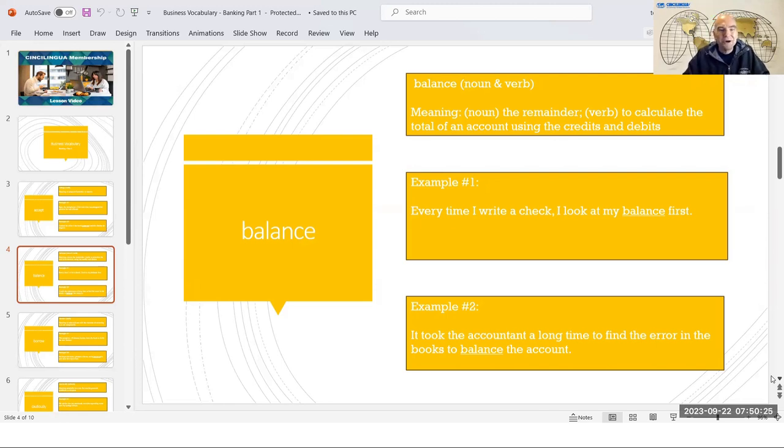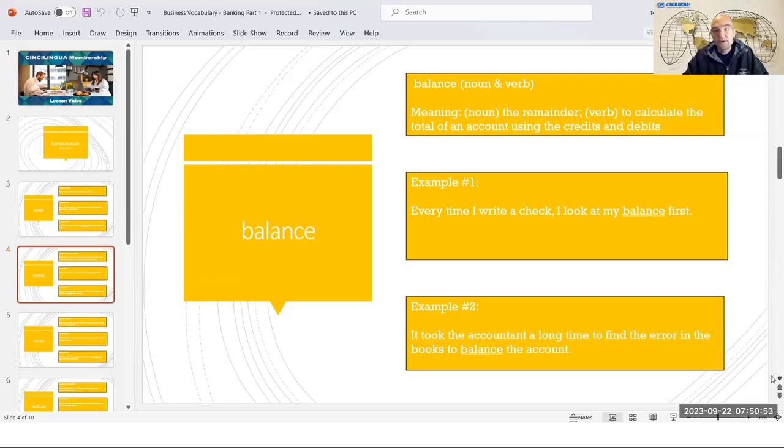Example number 2 reads like this. It says, it took the accountant a long time to find the error in the books to balance the account. Now, here we're using it as a verb, in the infinitive form, to balance the account.